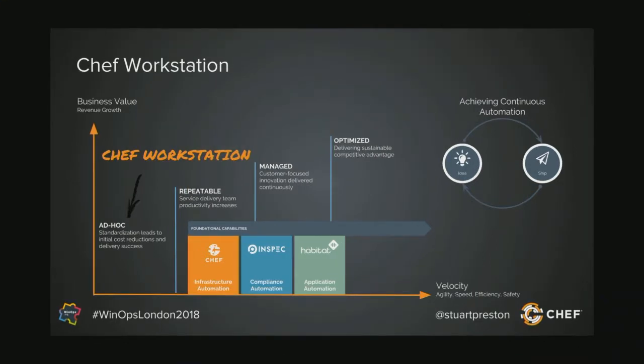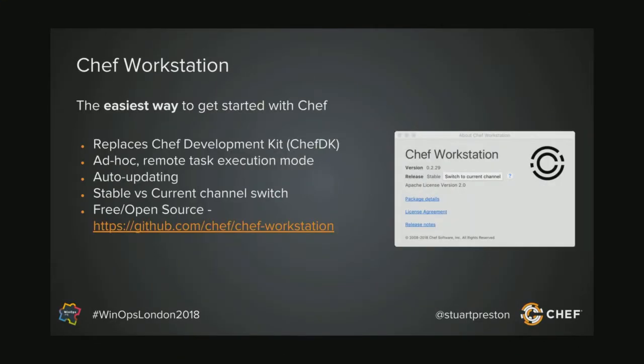There is a little arrow there pointing to ad hoc. So Chef Workstation, the easiest way to get started with Chef, does replace the Chef DK. Future versions of Chef DK will just fall away and be replaced by Chef Workstation.